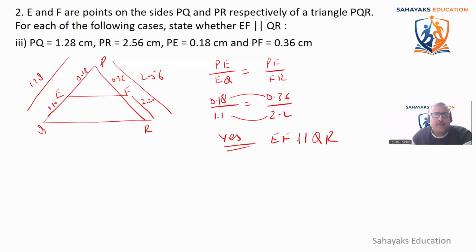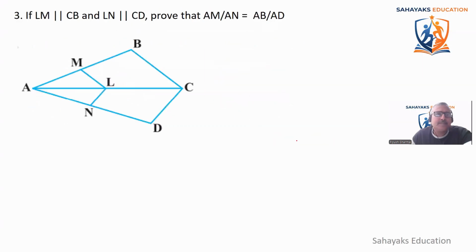Okay. So coming to the next question. If LM is parallel to CB, and LN is parallel to CD, then we have to prove AM by AN is equal to AB by AD. Okay. So let's see. First we are checking triangle ABC.